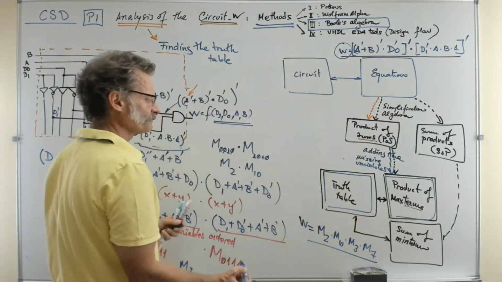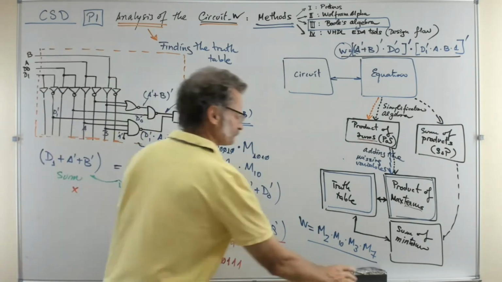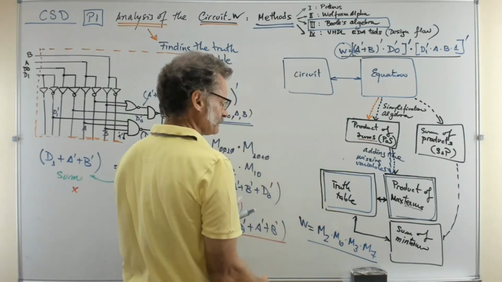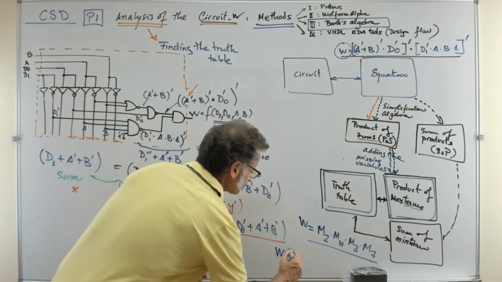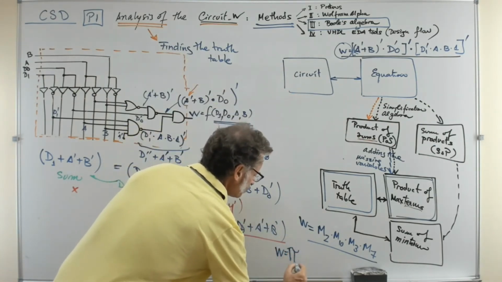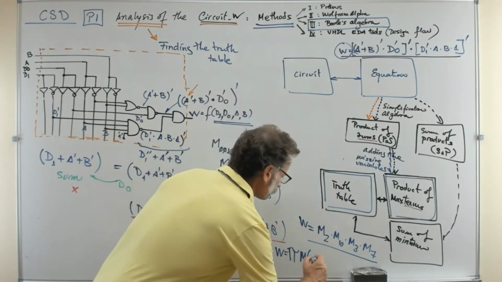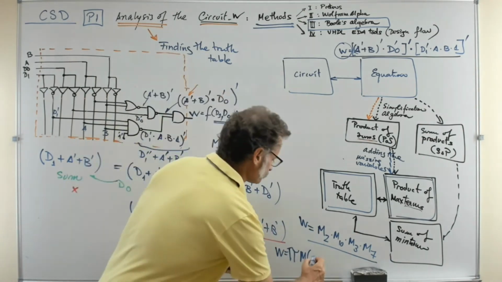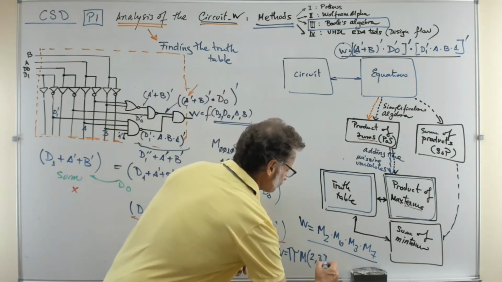And you can even do that in a way which is more compact. W can be expressed as a product of maxterms, and now you can use only the indexes here. Order it or not, that is not important. The important is the 2, 3, 7, and 10.